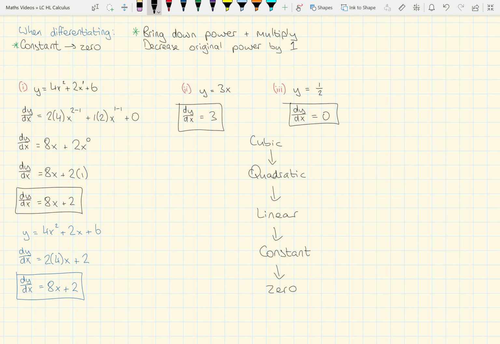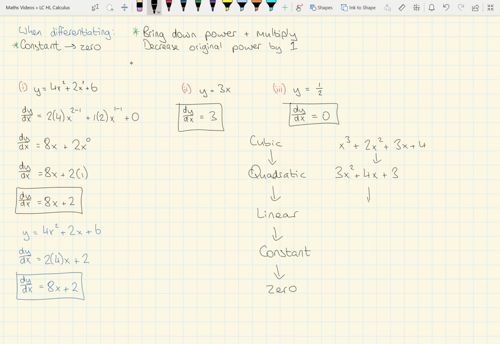So if I had a look at, say, we'll take the cubic, x cubed plus 2x squared plus 3x plus 4. If I differentiate that, my x cubed, bring down that power, so we get 3x squared plus, bring down my power of 2, 2 2s are 4x plus 3.